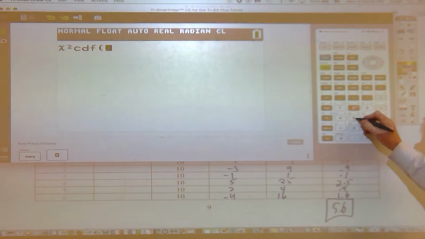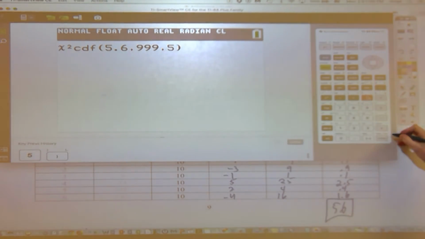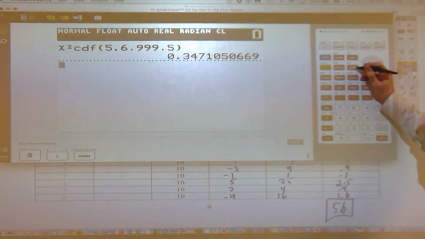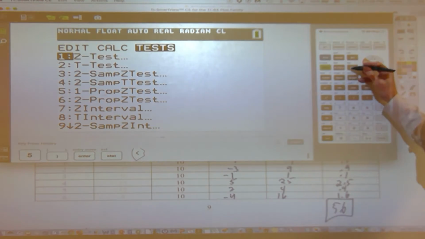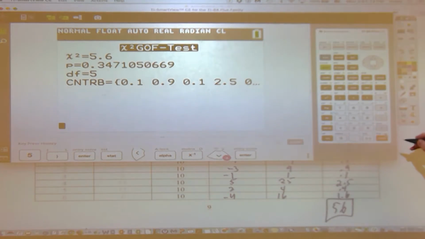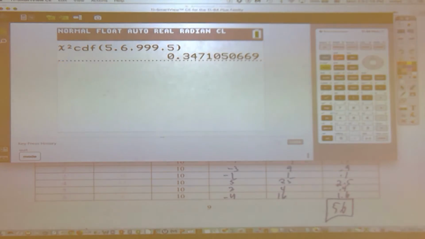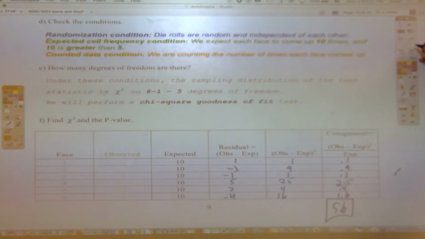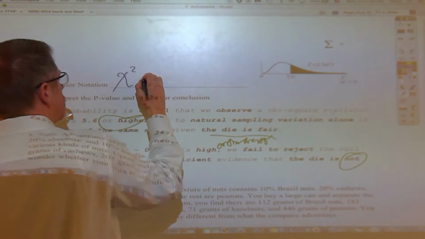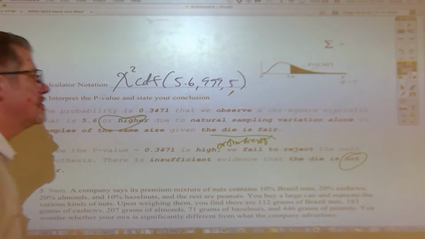So chi-squared CDF of 5.6, 999, 5 degrees of freedom, not 59 degrees of freedom, gives you the same p-value as stat test D. With those numbers, let's confirm it's the same thing. Yeah, it's 0.347 and 0.347. So you might want to make a note to yourself that the chi-squared CDF of 5.6, 999, 5 gives you the 0.347.